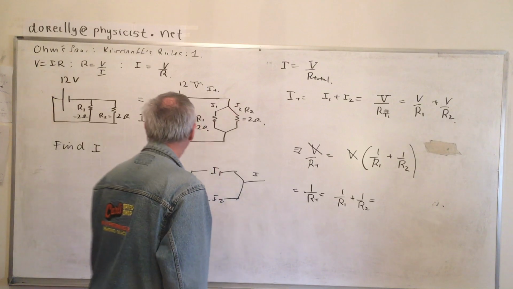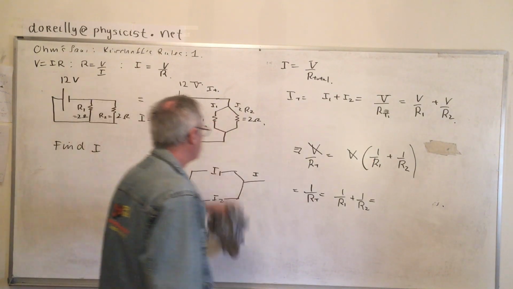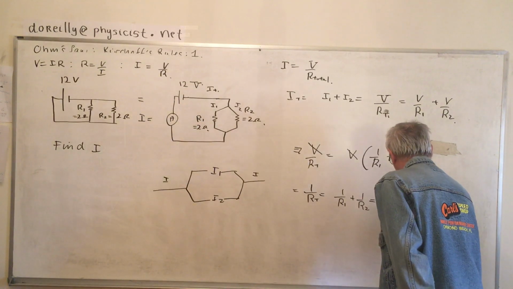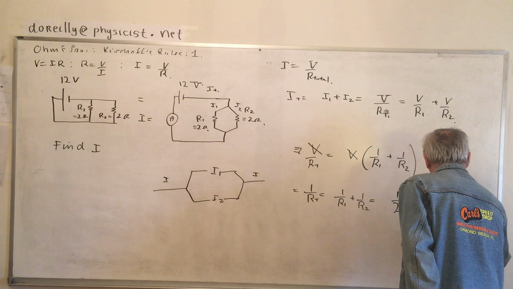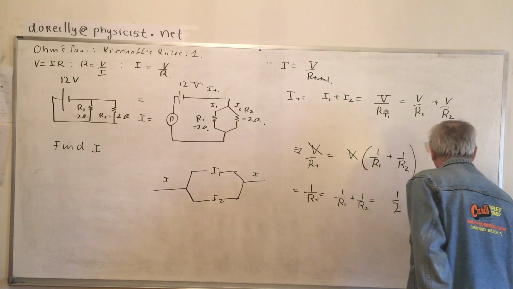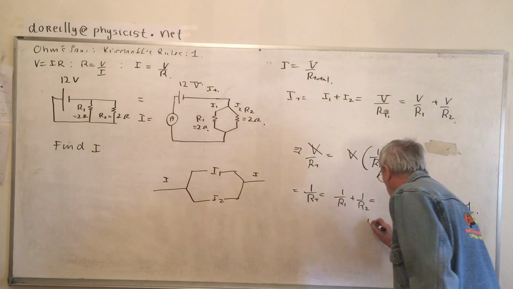So in this case here, it's going to be 1 over 2, so therefore R total is 1, but that's 1 over R total.